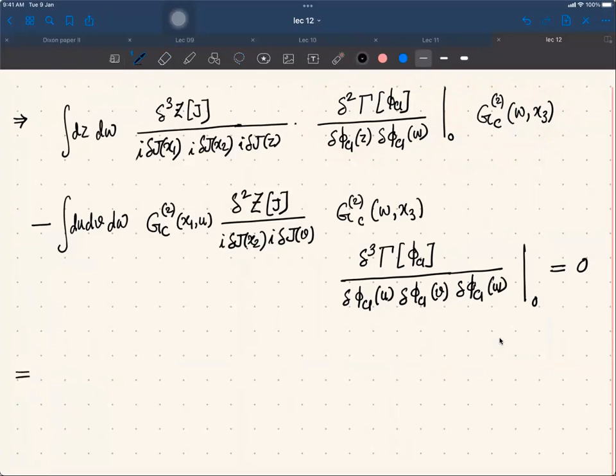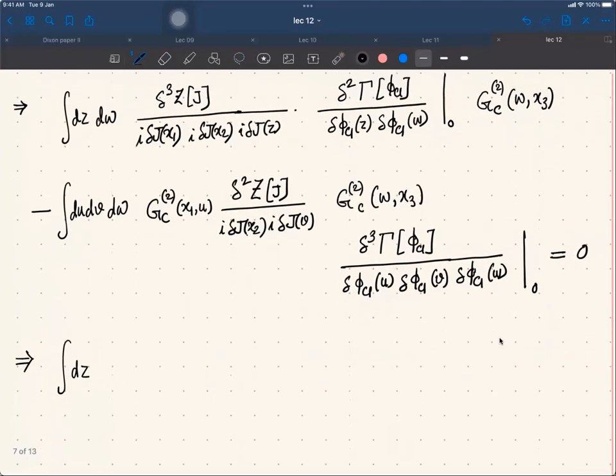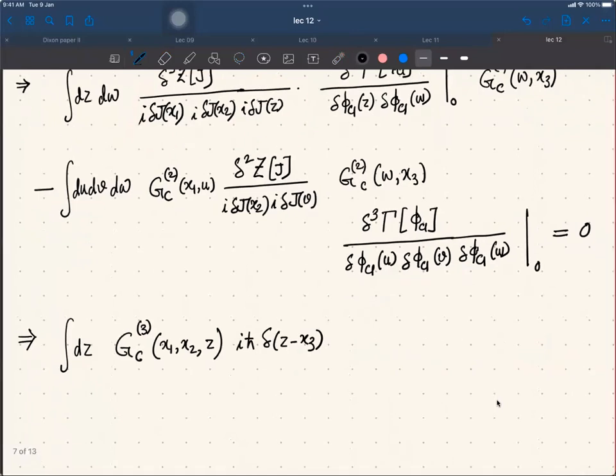So the left hand side, after doing the W integral, one would have, and also this quantity, this 3 derivative is basically the connected 3-point function. So this is G connected x3, x1, x2, z times i h bar delta z minus x3 after W integration. Okay.